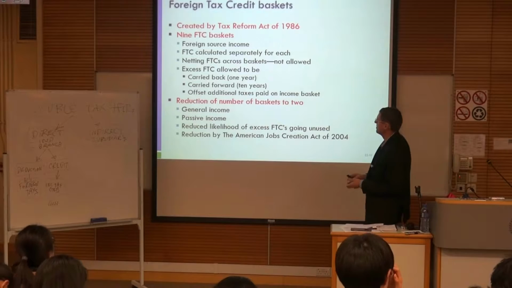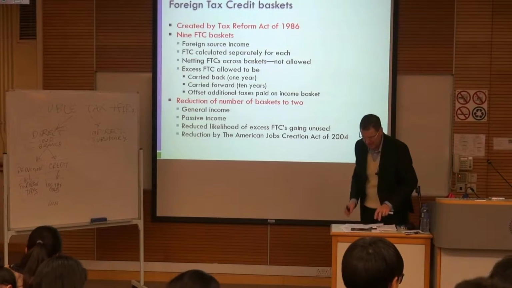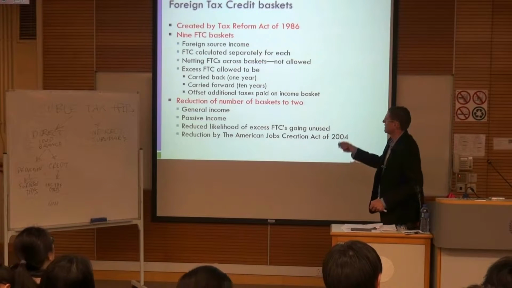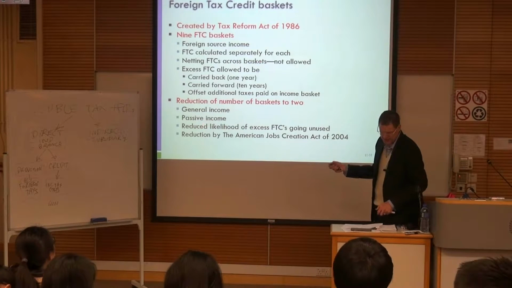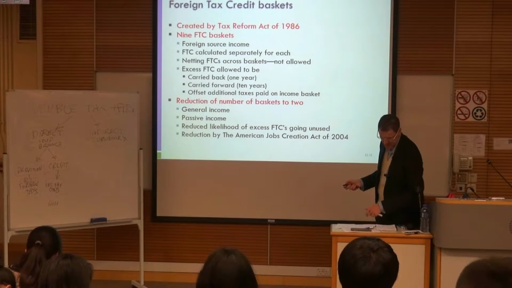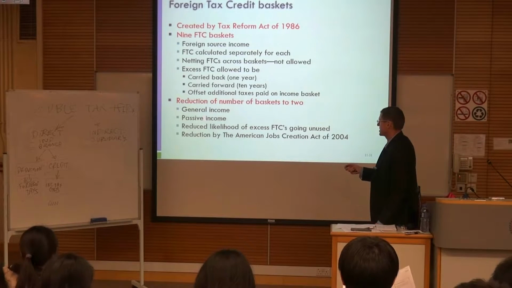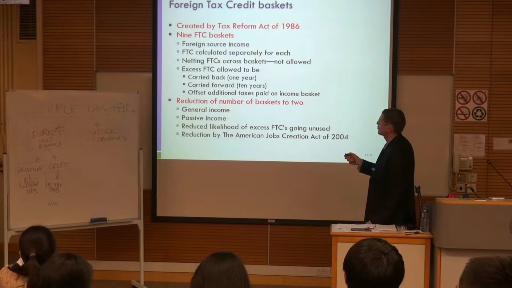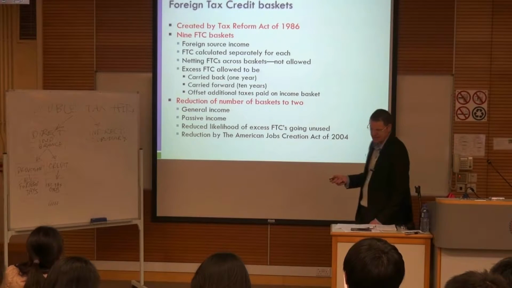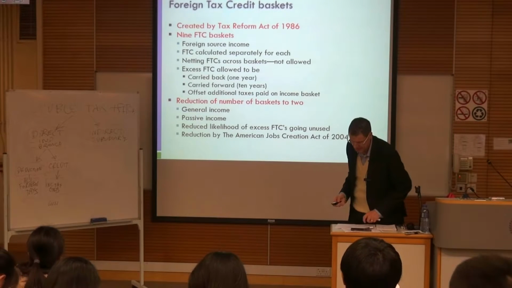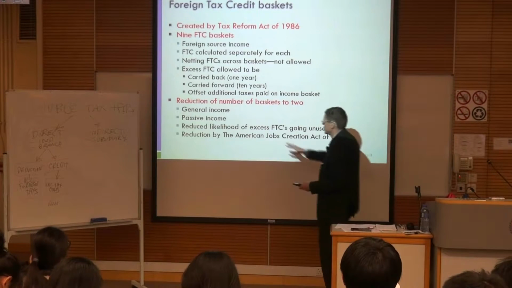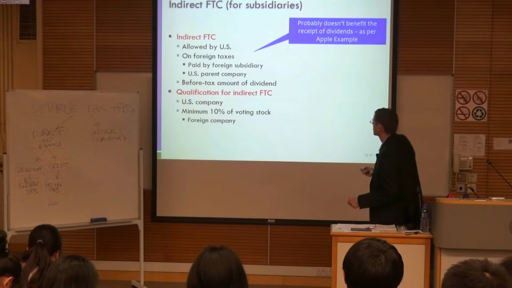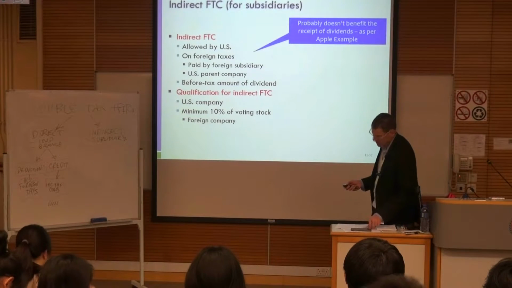So now we're going to talk about baskets. When we start to talk about the baskets, general income and passive income, we're really talking about it relating to the indirect subsidiary. So right now, there are two types of baskets, general income and passive income. So let's have a look at that.